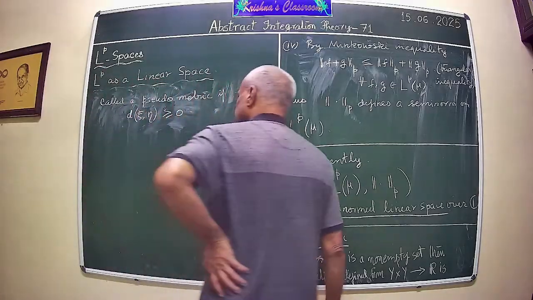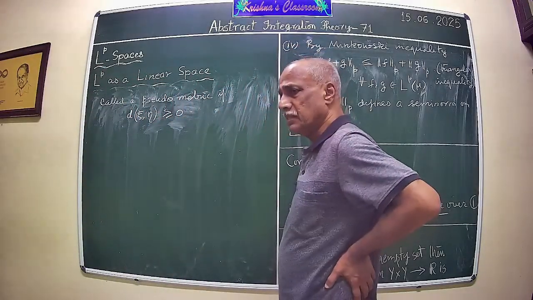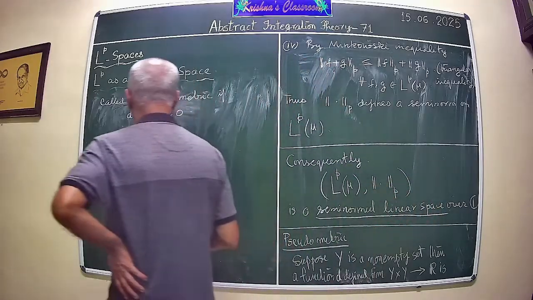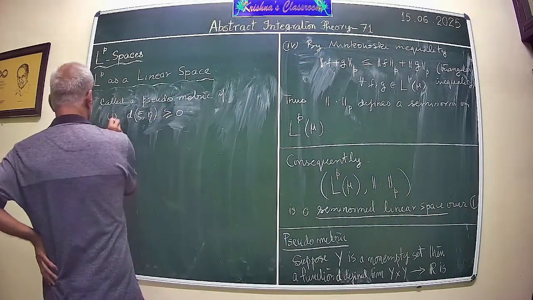This is what is called the distance between the points psi and eta. Then that's the first property.